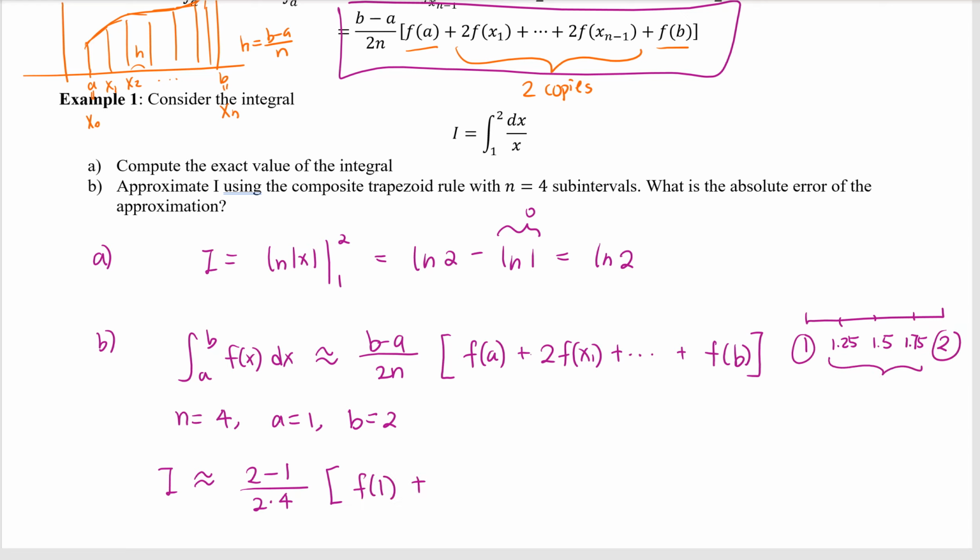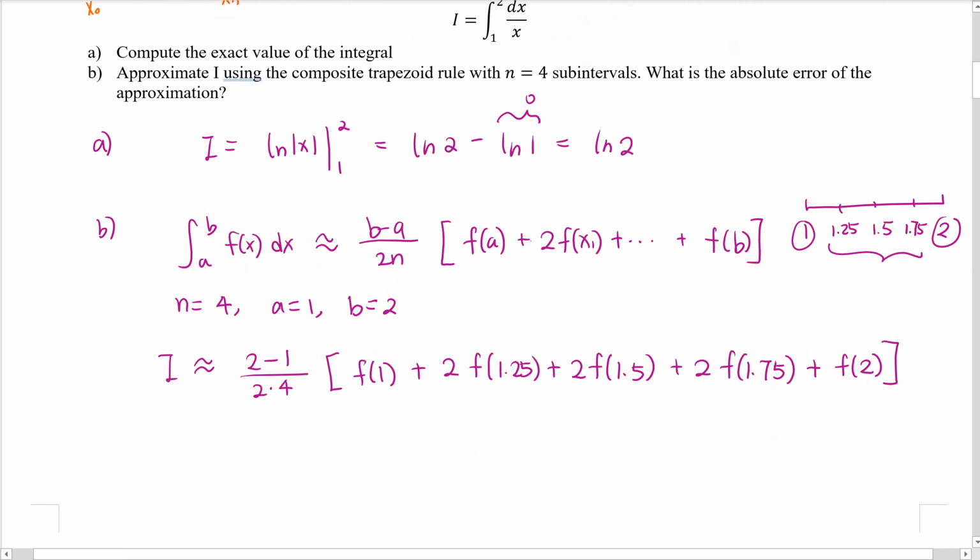But all of the interior points, we have 2 copies. So 2 copies of f of 1.25, 2 copies of f of 1.5, and 2 copies of f of 1.75. And at the end, 1 copy of f of 2. So far, so good, everybody?